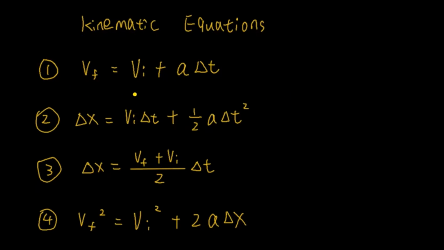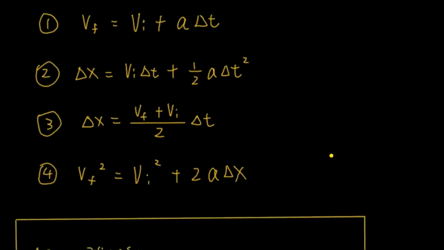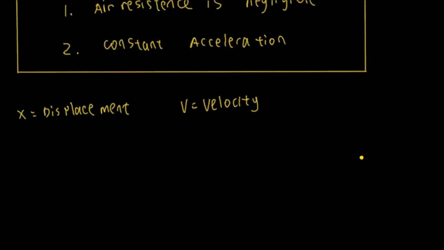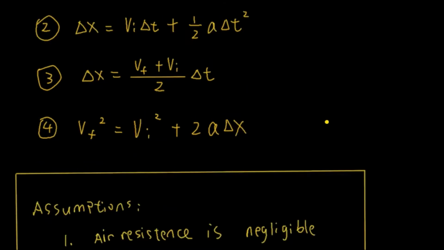So v sub f is final velocity, v sub i is initial velocity. And a is acceleration. And t stands for time. So delta t is change in time.